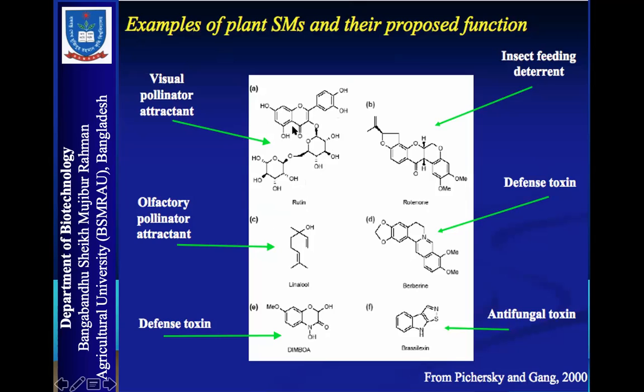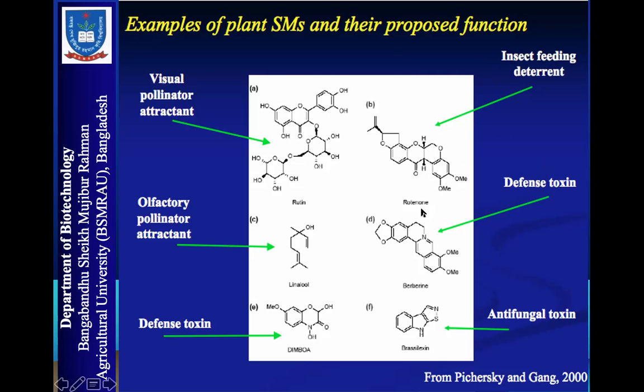This is why it is a powerful antioxidant and medicinally very important. If you take red amaranth, that means lal shak, and other colorful vegetables, you can get lots of rutin, and rutin has anti-cancer principle also.